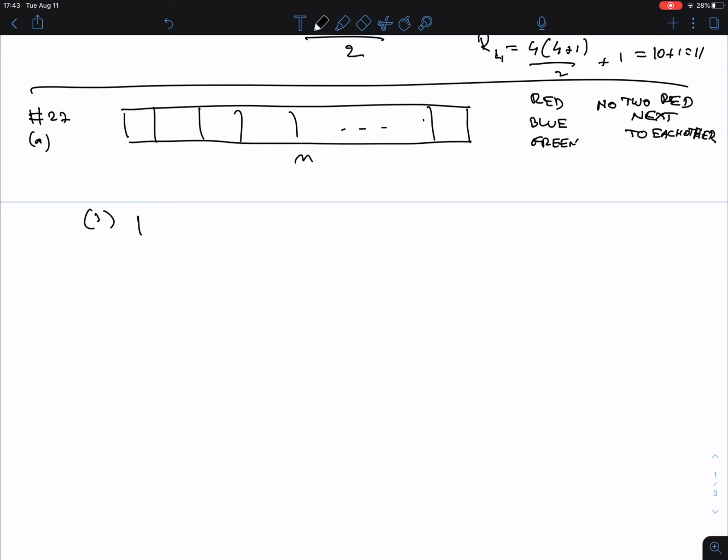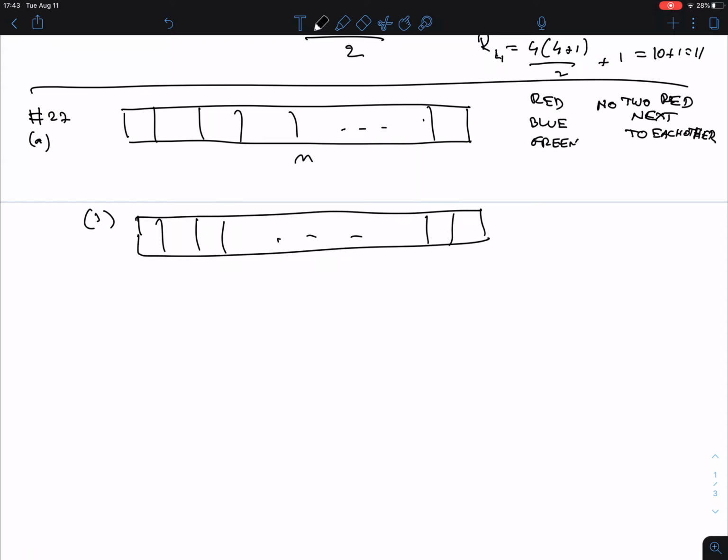So the first thing I'm going to do is, okay, I'm saying these are n tiles here. And I'm going to add a blue or green. Blue or green. Because it doesn't matter what I take here, it will always be a valid paving. Why? Because I will never have 2 consecutive reds.